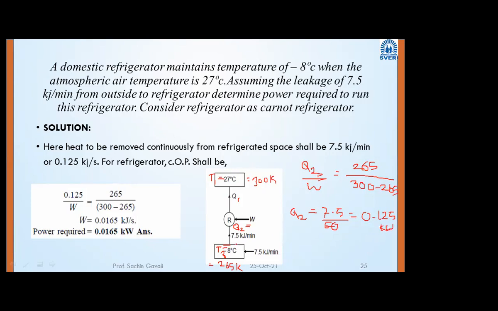Now find W, knowing Q2. They asked to determine the power required, so W is equal to what? Everything is known here except W. It comes to 0.0165 kilowatt.